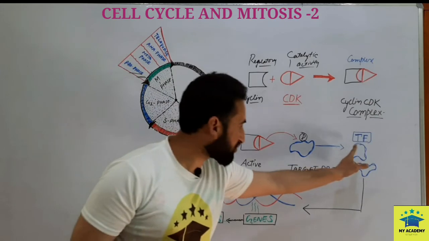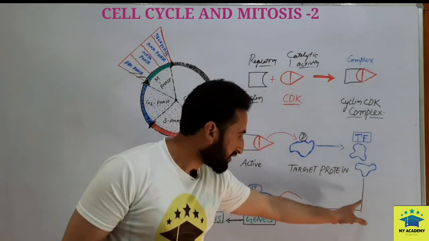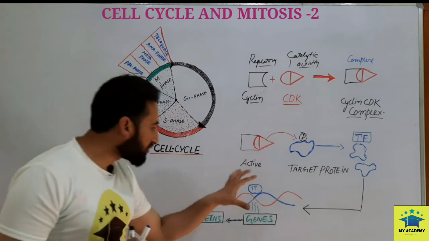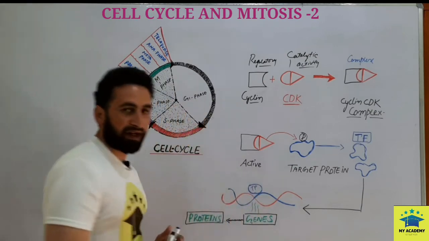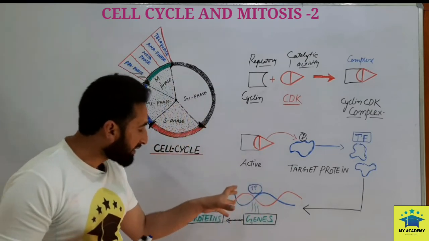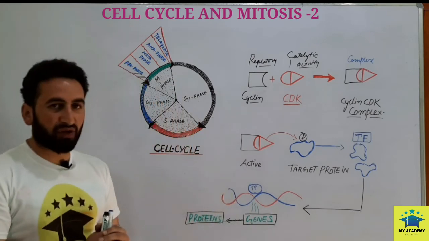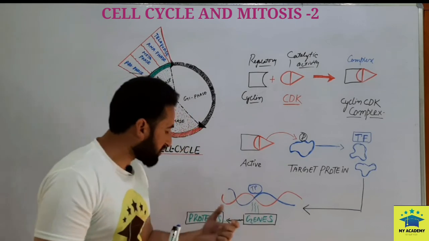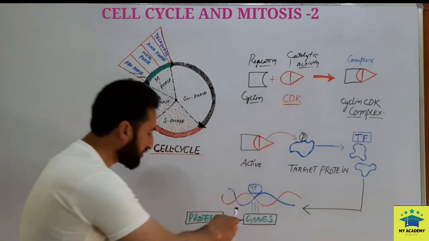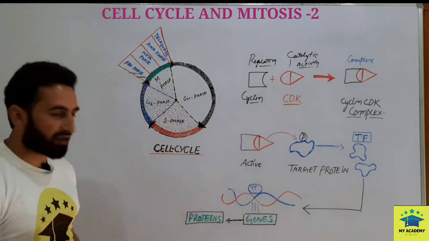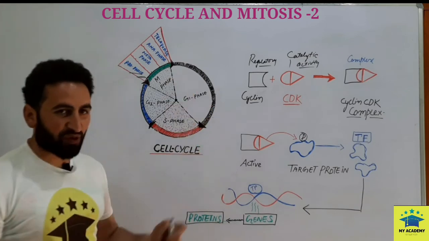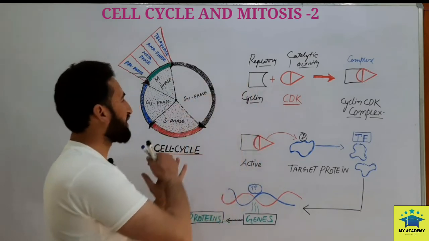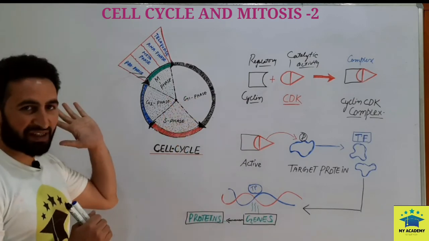These transcription factors enter the nucleus and bind with the DNA and express the genes. When genes are expressed, they are translated into proteins, and these proteins drag the cell from one cycle phase into another.